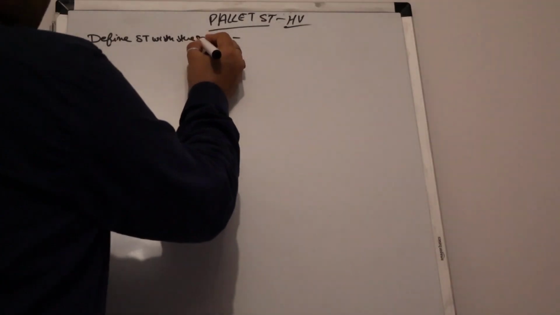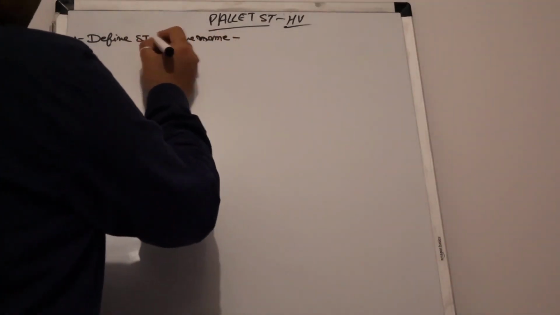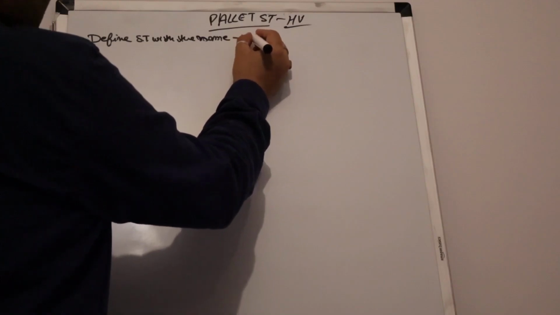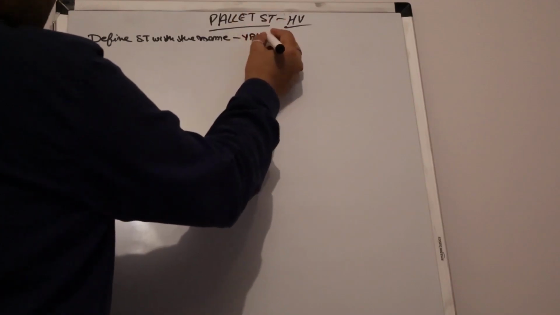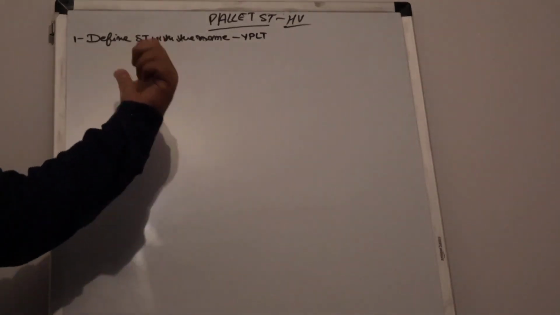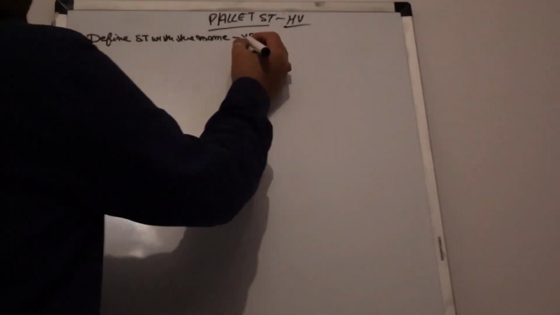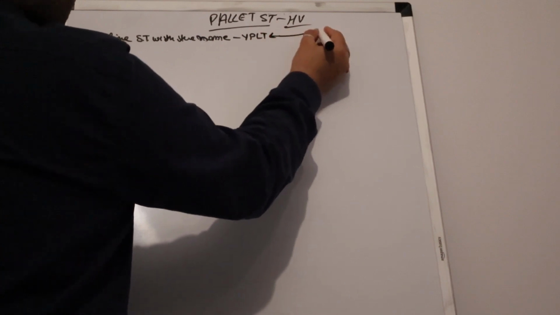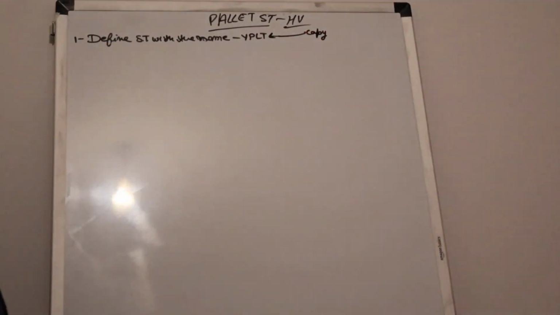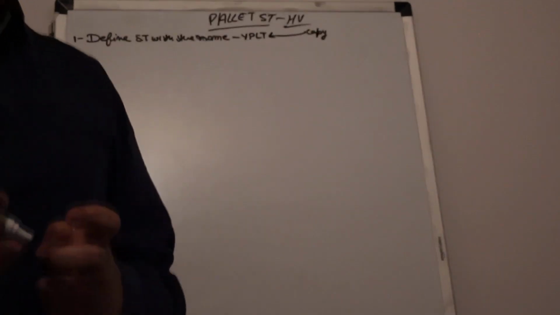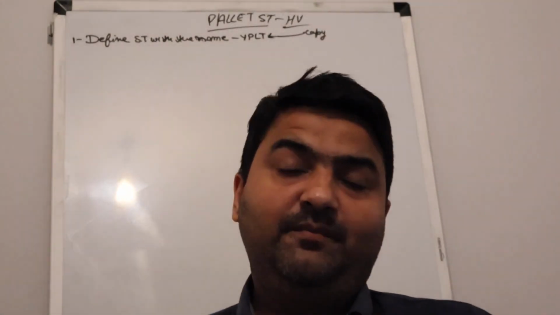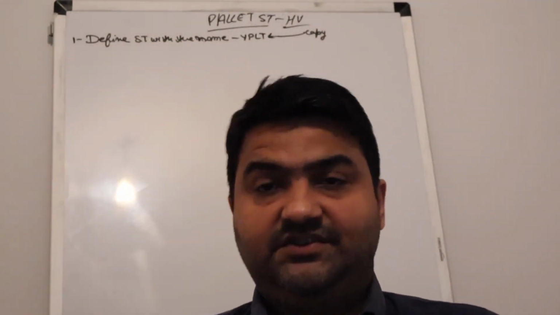So we first define the storage type with a name, for example I will take YPLT, Y pallet. When we define this storage type, I copy from the standard, because SAP EWM gave us one standard. I will copy from 0070.